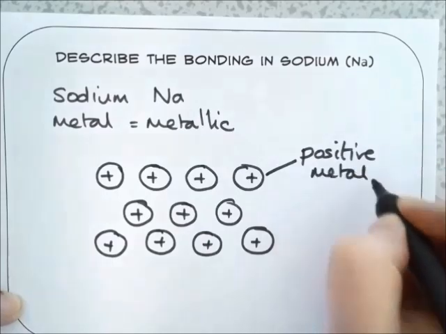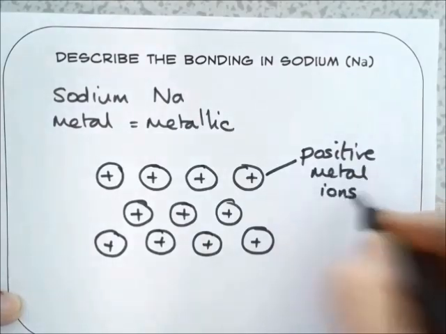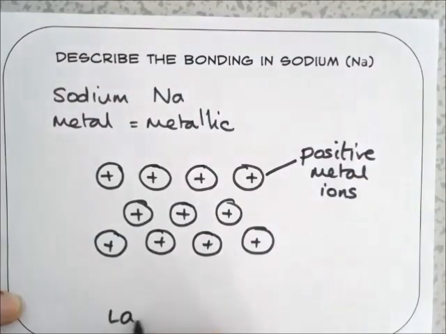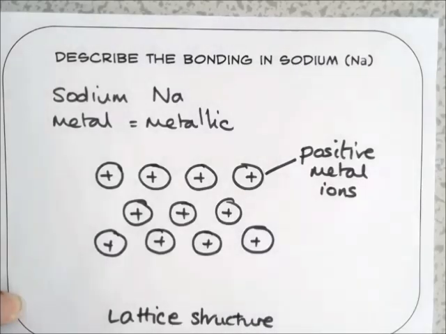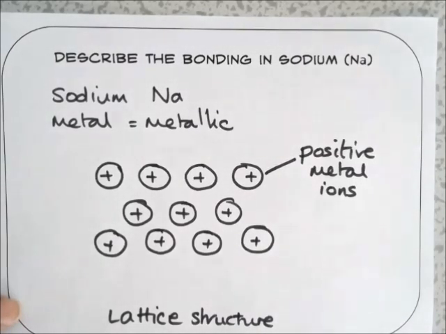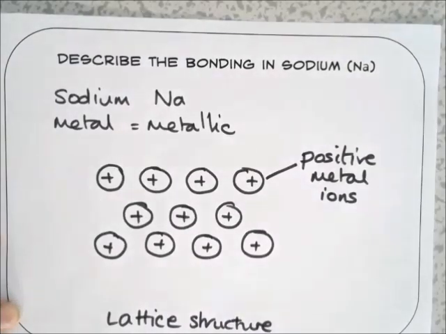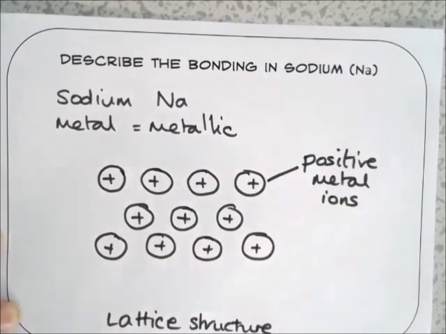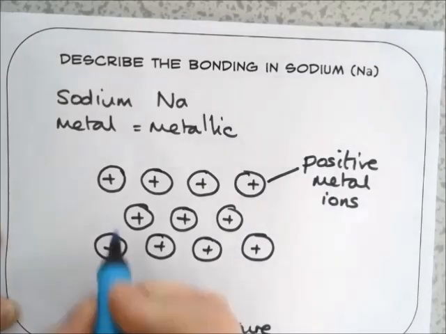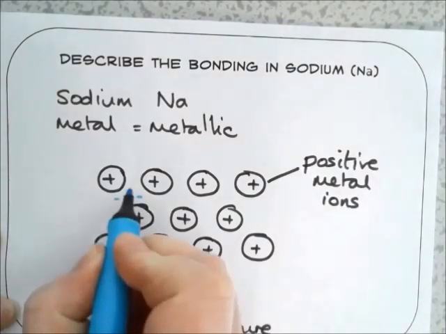And these are in regular neat rows, so we can describe this as a lattice structure. Remember the word is lattice, and that means any structure that is regular neat rows. But that's not complete because we've only got positives and nothing sticks around as positives on its own.